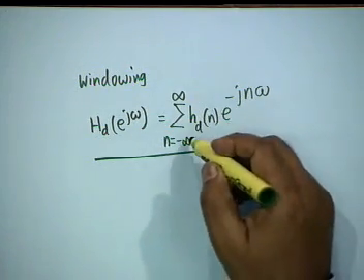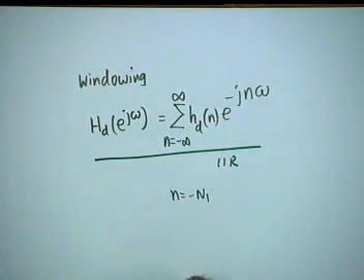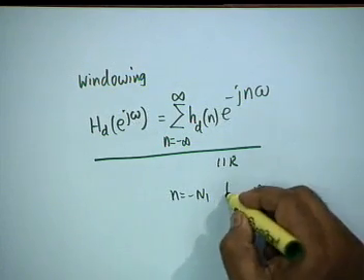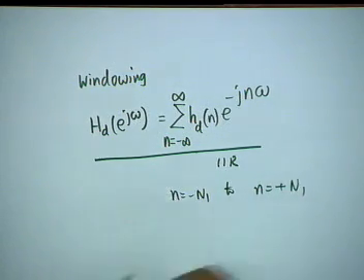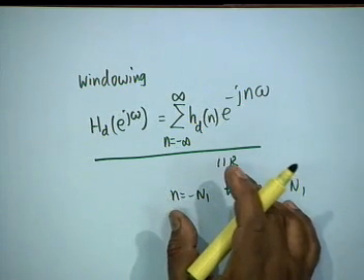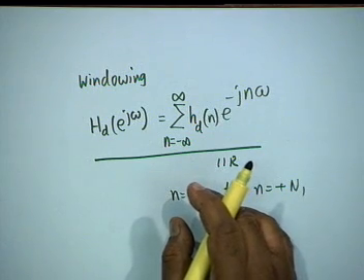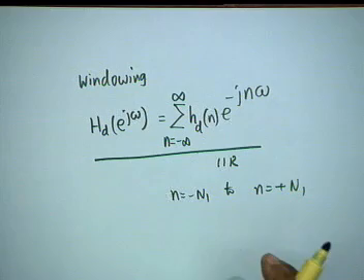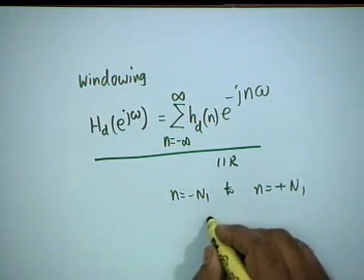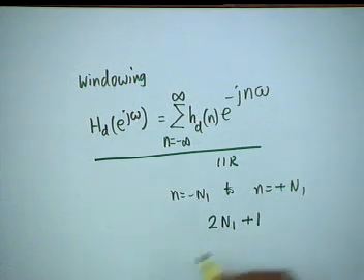You truncate maybe at n equal to minus N1, some number, to n equal to plus N1. Then the resulting sequence will define a finite impulse response of length 2N1 plus 1.